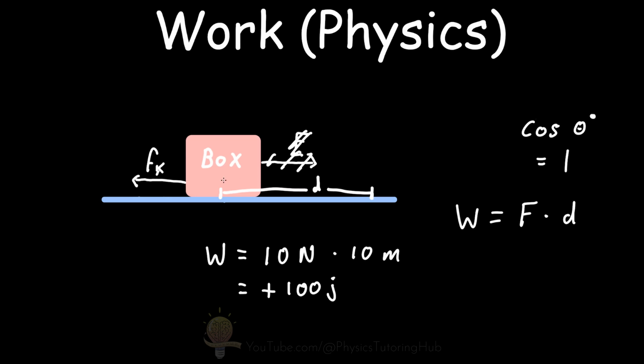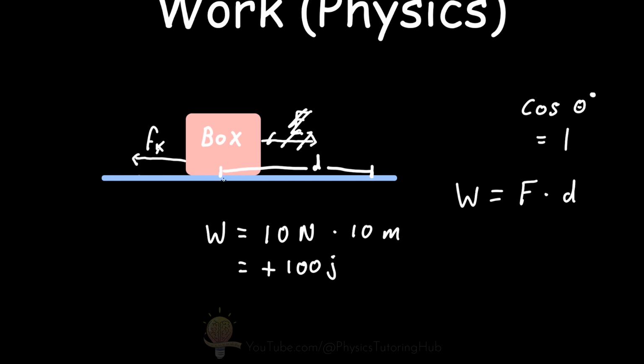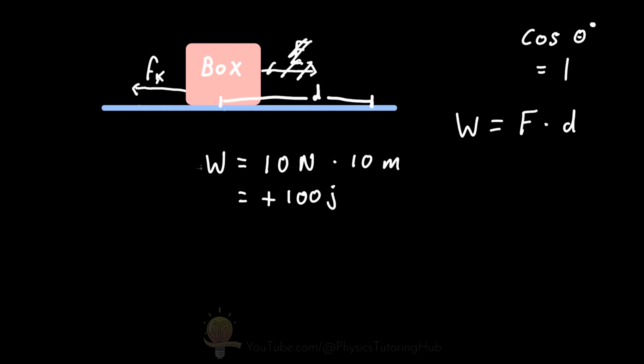So what's that mean in terms of work? In terms of work, the work is equal to the force, whatever force is being applied to the box, in this case the force of kinetic friction, multiplied by the distance the box moves. So in this case, the box is sliding to a stop over a distance of d. Let's imagine that distance is 2 meters.